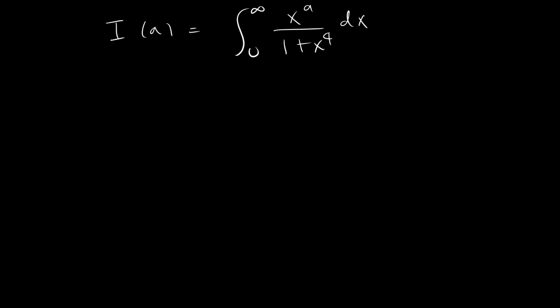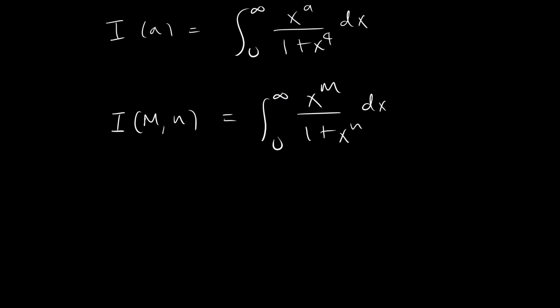But there's this very special integral that comes from Euler's reflection relation, where if we have the integral of x to the m over 1 plus x to the n, this is equal to 1 over n times pi over sine of pi times (m plus 1) over n.